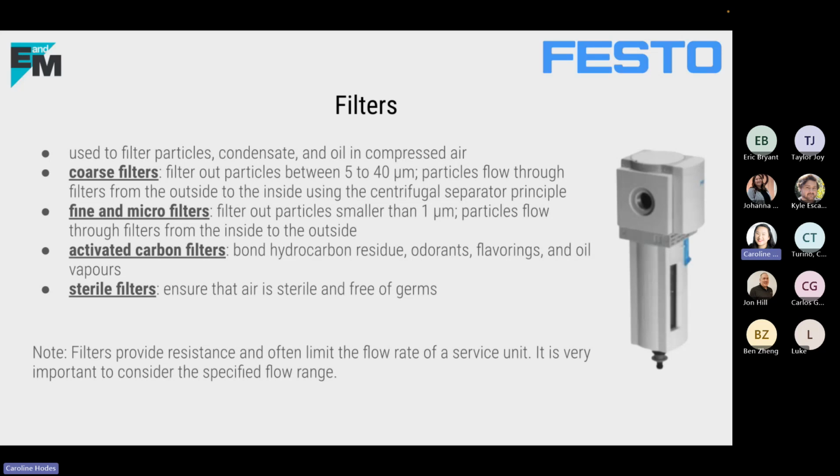And then lastly, there are sterile filters, which ensure that the air is sterile and free of any germs. One big thing to note about filters is that they do provide resistance and often limit the flow rate of a service unit. So it's really important to consider that specified flow range when picking out a filter.